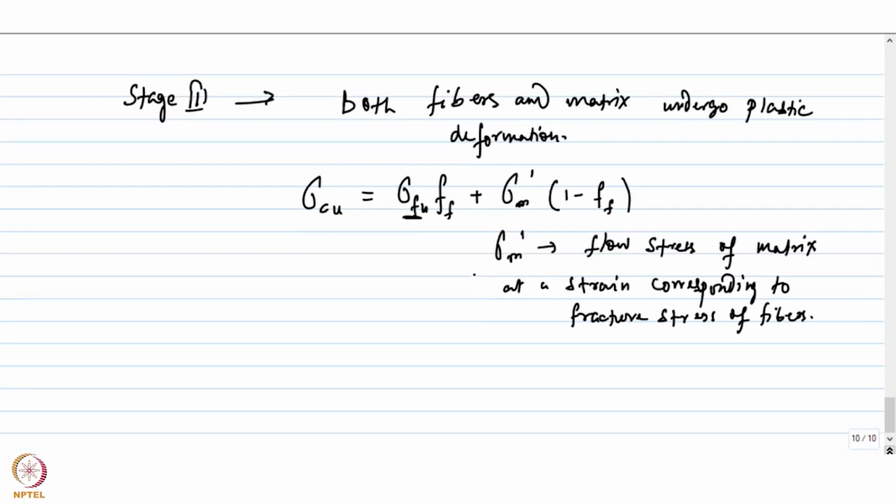Okay, so when the strengthening occurs, you could expect that the ultimate strength of the composite should be greater than or equal to that of the matrix, which is given by sigma mu. Okay, so now if we replace sigma cu by this expression, we can write this equation now.